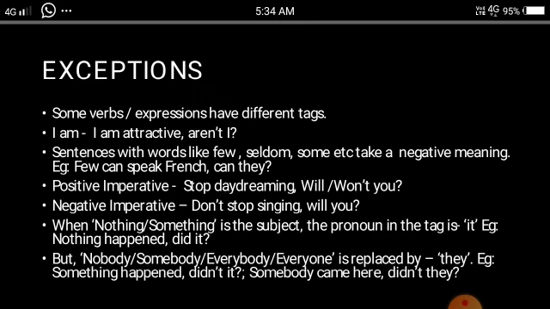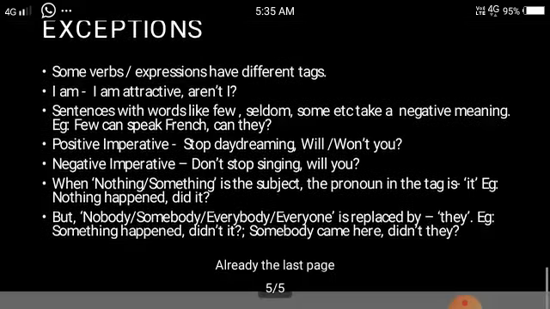Don't drop the glass. Again, the question tag will be will you. When you use something, nothing, the pronoun in the tag will become it. But when you use nobody, somebody, everybody, everyone, then the pronoun will change to they.